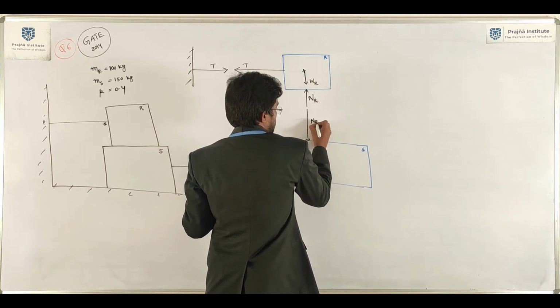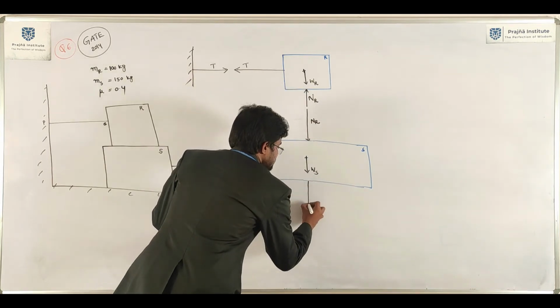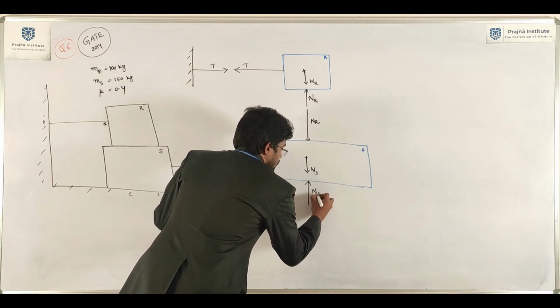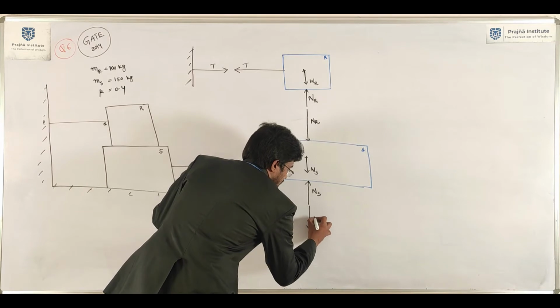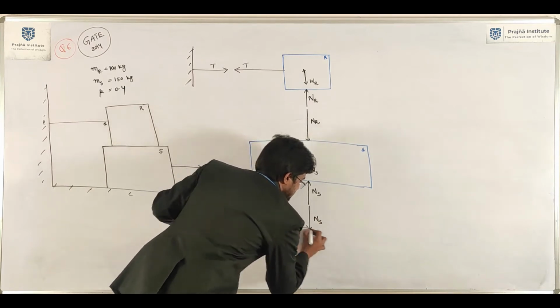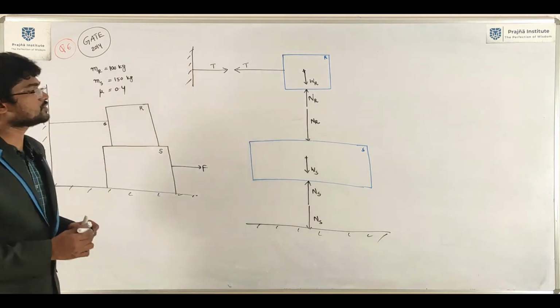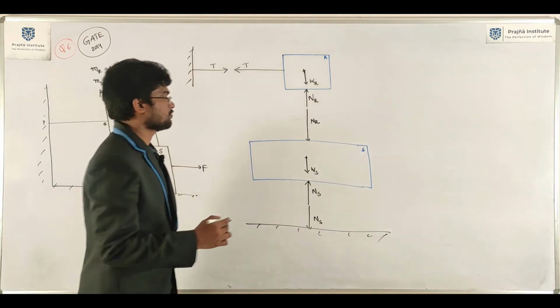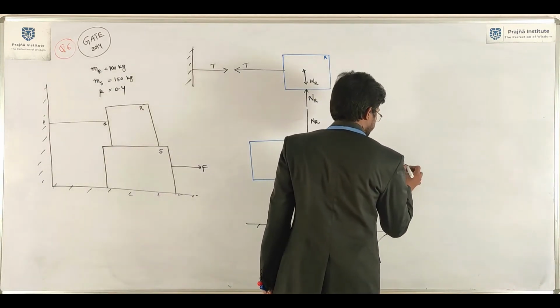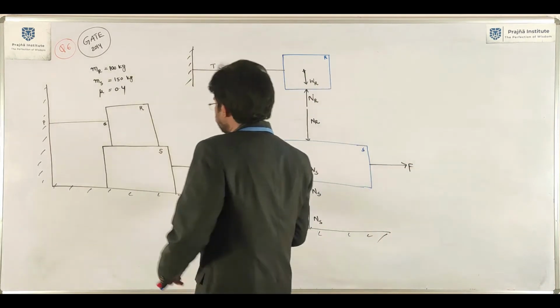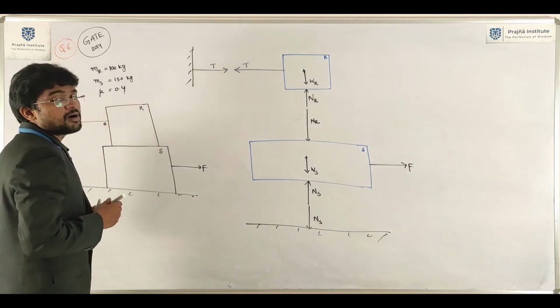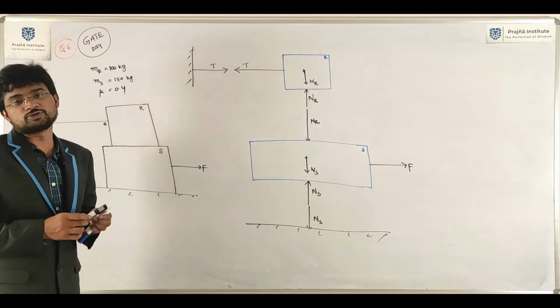N_S acting on this block, and one more N_S acting on the floor. At every contact surface, two normal reactions will be acting. Here force applied is F, which means the minimum amount of force required to move the block.